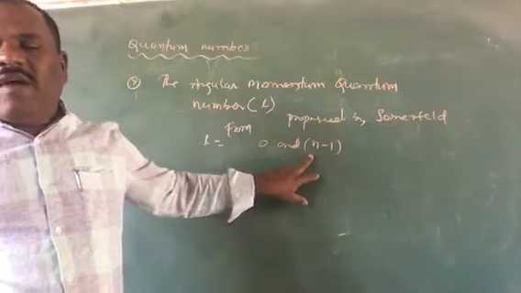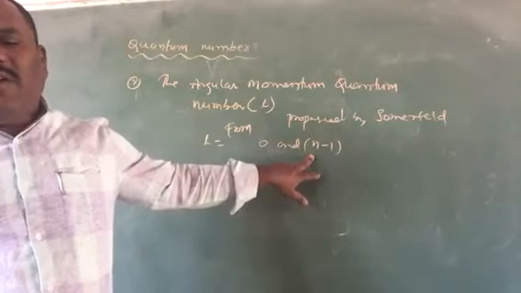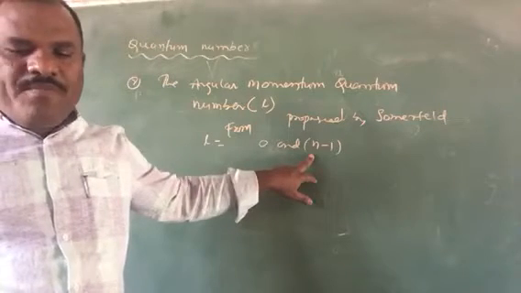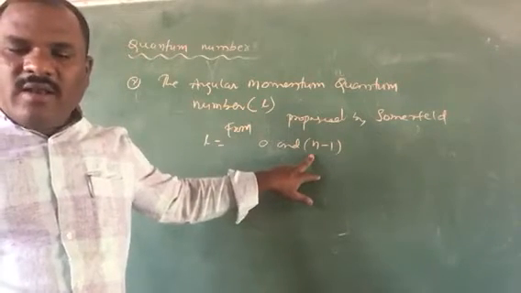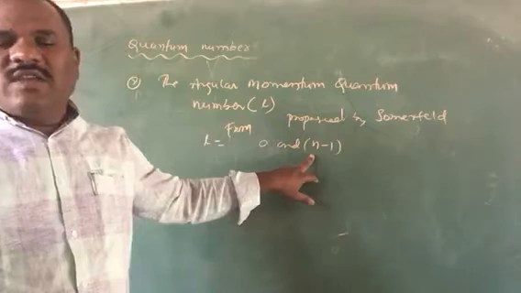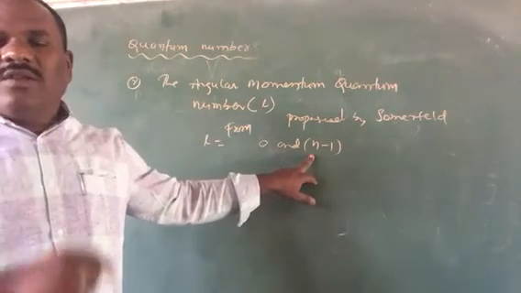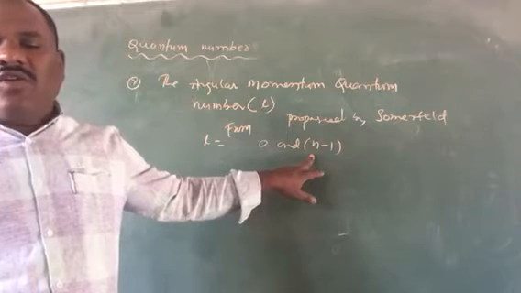For each value of n, each L value represents one subshell. So each value of L is related to the shape of the particular subshell in the space around the nucleus.